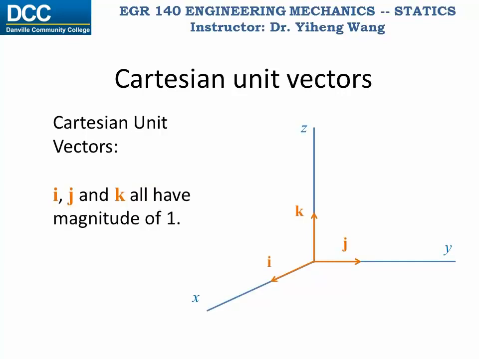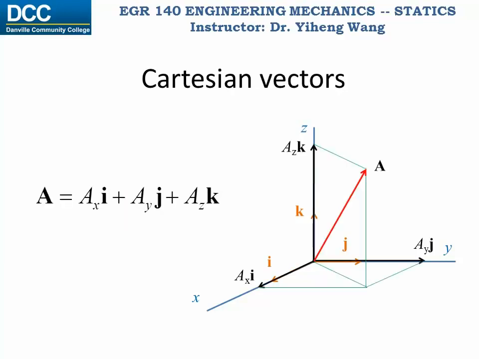As mentioned earlier, a unit vector can be defined for any arbitrary vector A. However, there are three special unit vectors, I, J, and K, which, as you can tell, have their own names. They are special because they are designated to the directions of x, y, and z axes respectively in the Cartesian coordinate system.